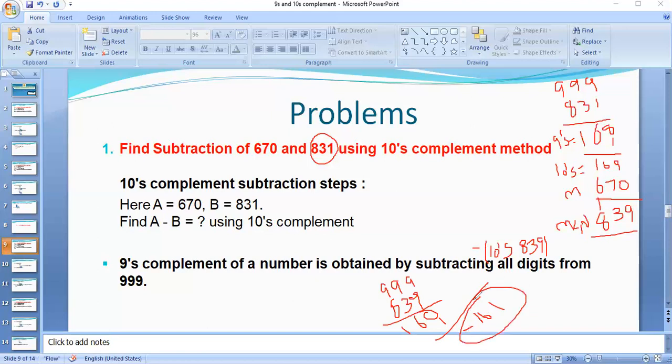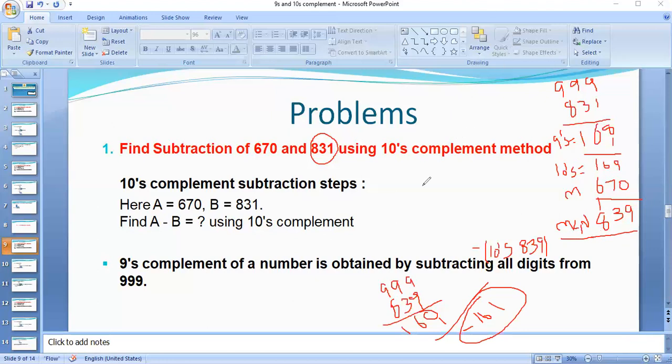What is the result? Minus 161. We are subtracting a bigger number from a smaller number, so that's why we get a negative result. There is no end carry, which means we have to put a negative sign in front of that number and then find the complement again.